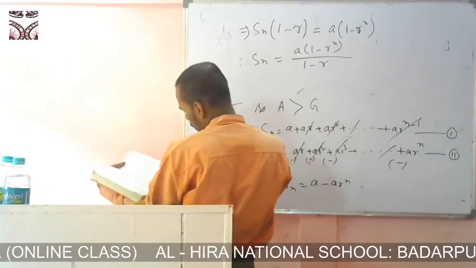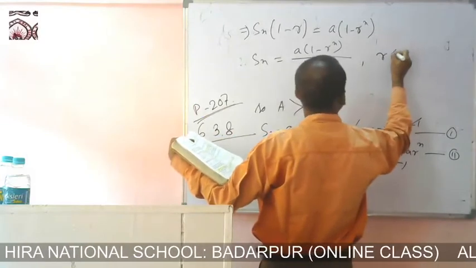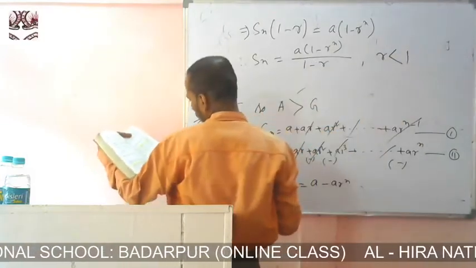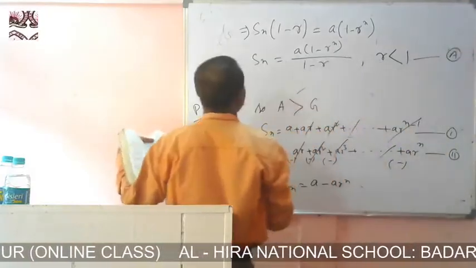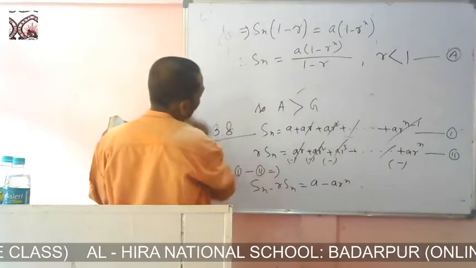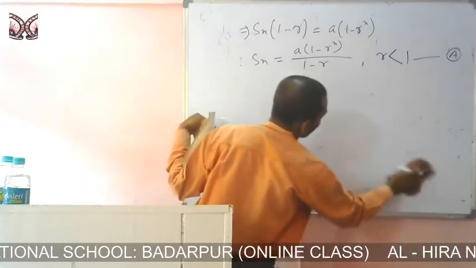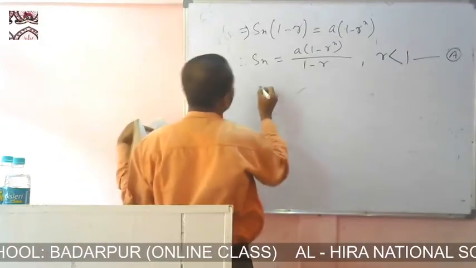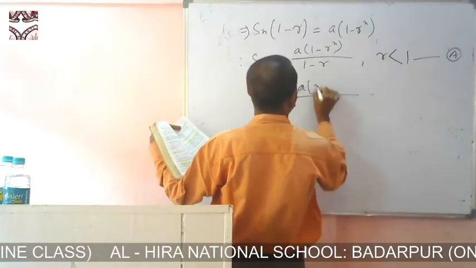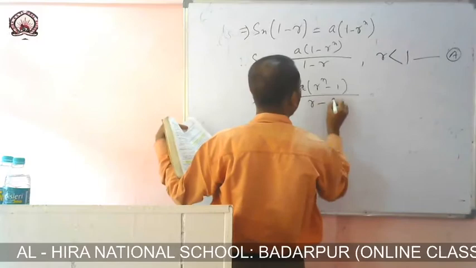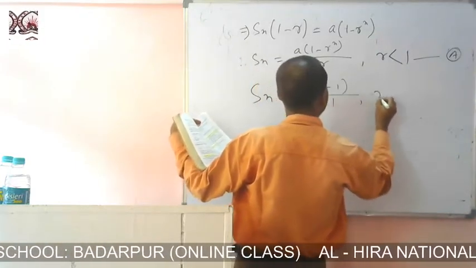This is when r is less than 1, and this one is given in your book as A. Another formula for the sum of n terms in GP is Sn equal to a into r to the power n minus 1 by r minus 1 when r is greater than 1.